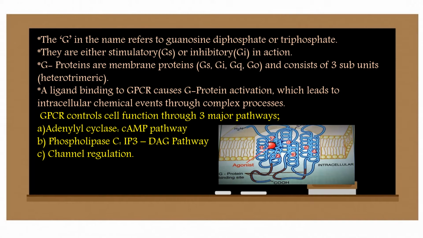GPCR controls cell function through three major pathways. They are through adenyl cyclase, that is the cAMP pathway, phospholipase C, the IP3 DAG pathway, and the third one is through channel regulation.